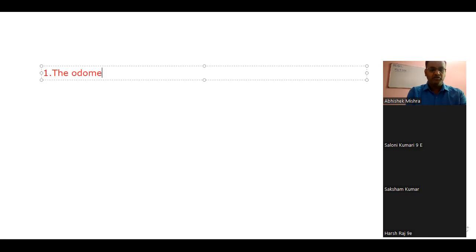The odometer. Students, in the first class, I told you what an odometer is. It is a device which indicates the speed. It is there in the car as well as other moving objects.